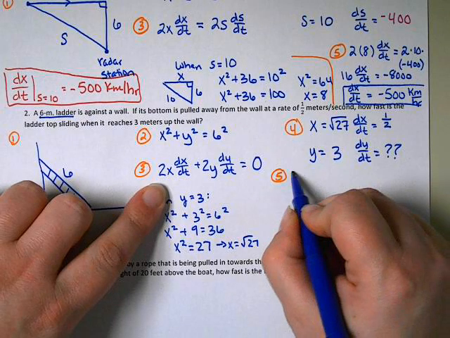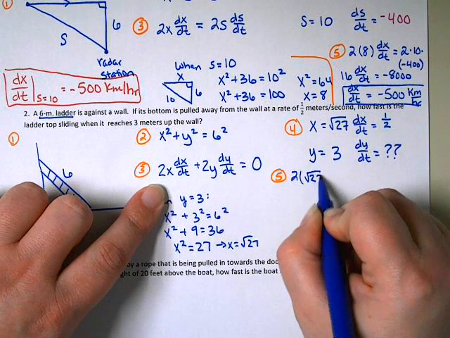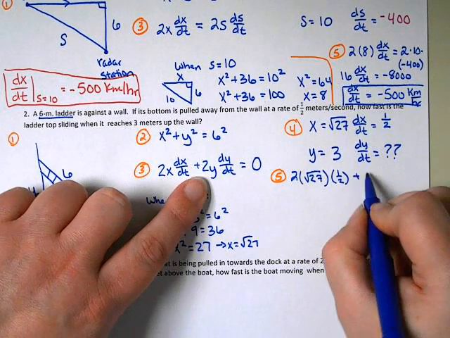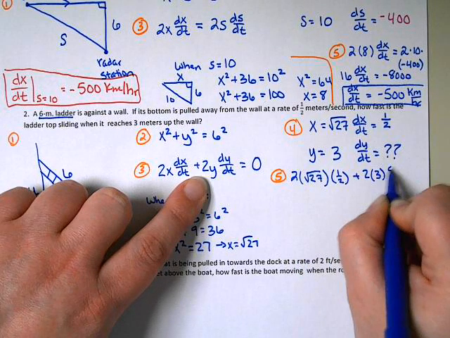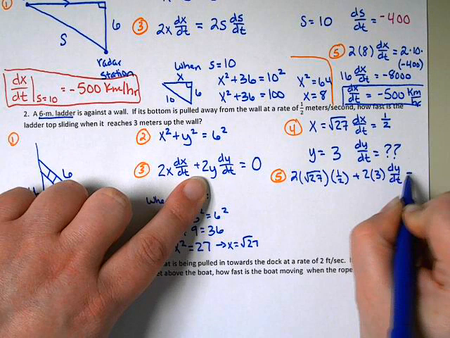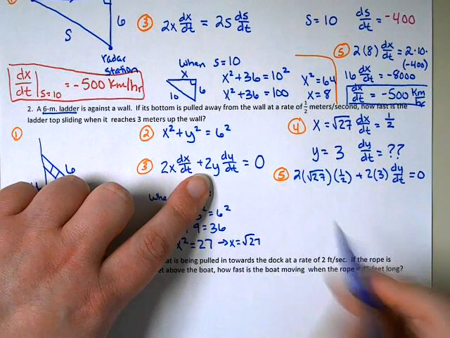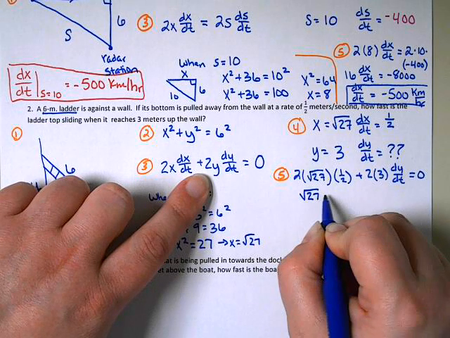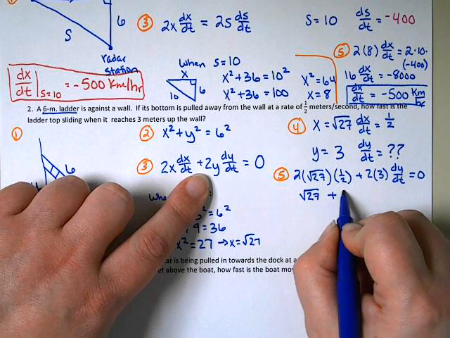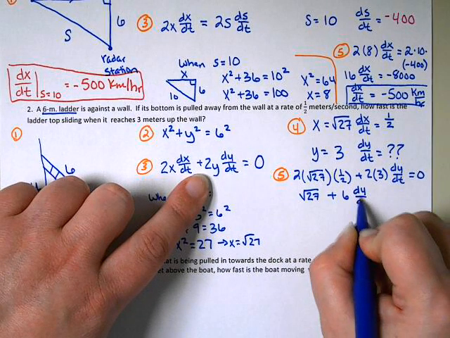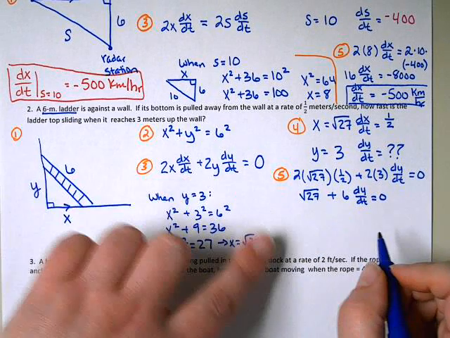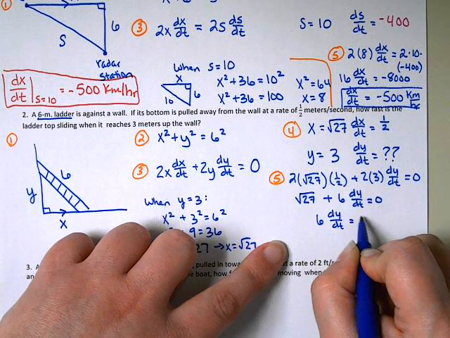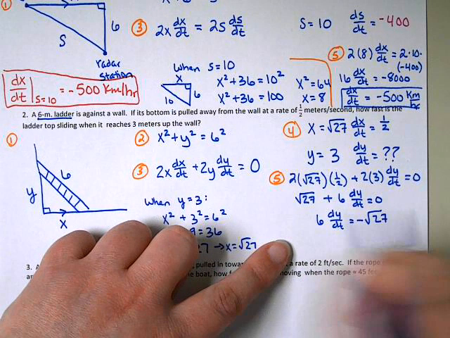So 2 times the square root of 27 times 1/2 plus 2 times 3 times dy/dt equals 0. So I'm going to go ahead and start simplifying. 2 times 1/2 cancels, so I really have the square root of 27 plus 6 dy/dt equals 0. 6 dy/dt is equal to the negative square root of 27.